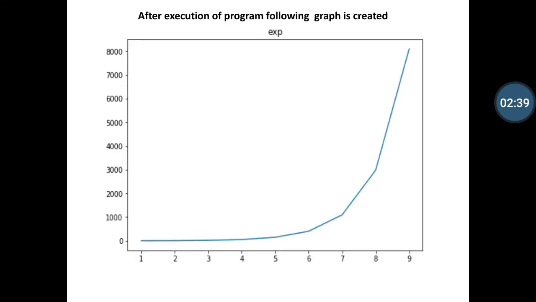You can see that on execution of the program, the following graph is created. You can notice that the x-axis is 1 to 9 and the y-axis is 0 to 800, and a line is created as per the expression defined in our code. You can easily notice that a graph is created.